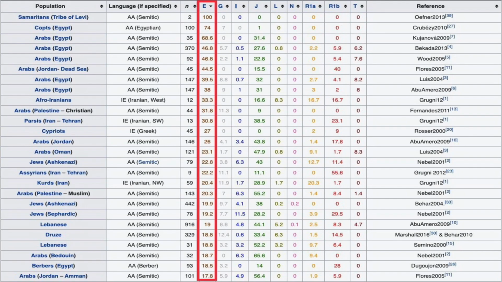Haplogroup E among Arab populations such as in Egypt can reach as high as 68.6%. Arabs in the Jordan of the Dead Sea can reach as high as 44.5% of haplogroup E. Then Arabs, Palestinian Christians can reach up to 31.8% of haplogroup E, and the list goes on.